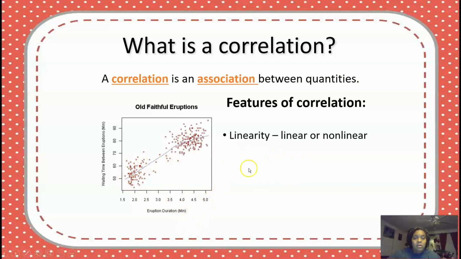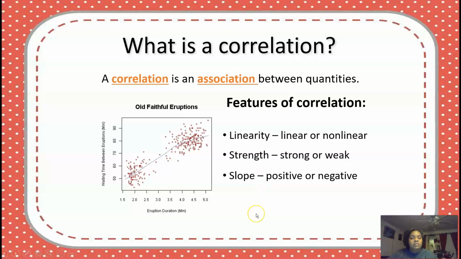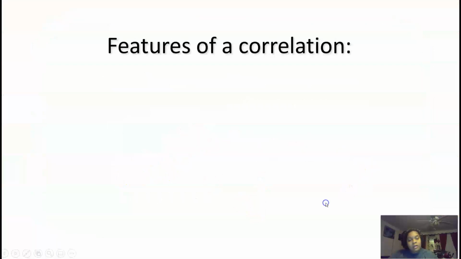So the linearity: is the best fit line going to be linear or non-linear? Is there a strength? Does it look strong or weak? And slope, will it be positive or negative? We'll be able to see that when you draw a best fit line.